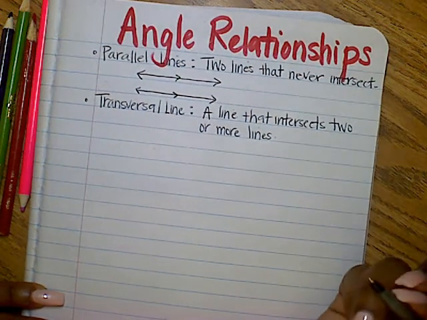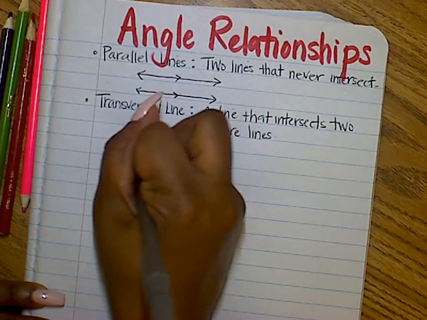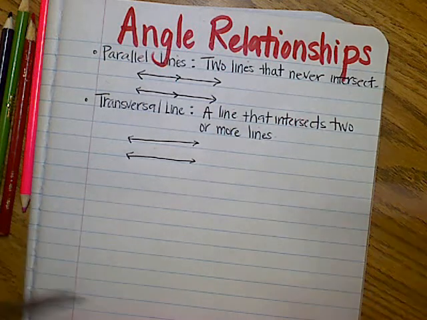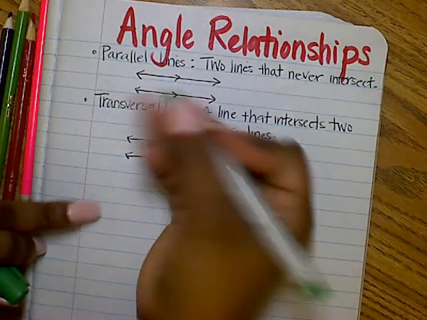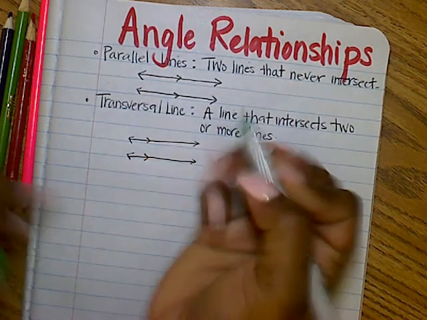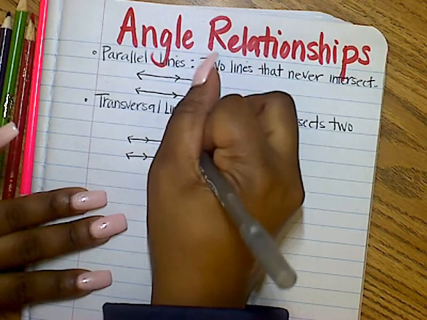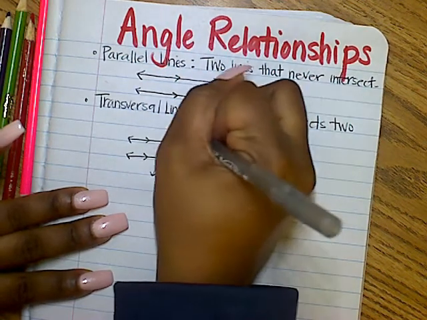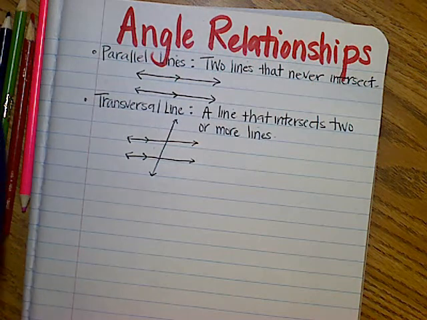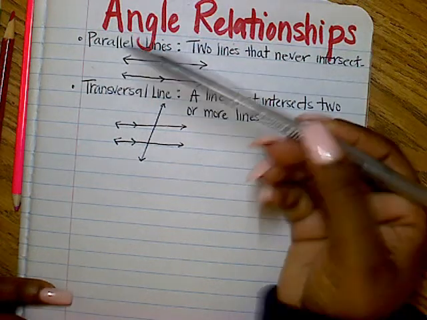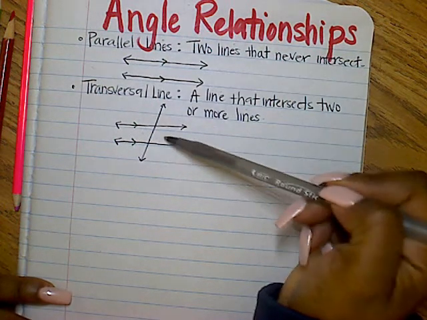And so in our picture, again, we would start by drawing those parallel lines. And we know those are parallel because they have this little piece here showing that they're parallel. But then your transversal line will actually cut those 2. So this transversal line is the line that cuts the 2 parallel lines.